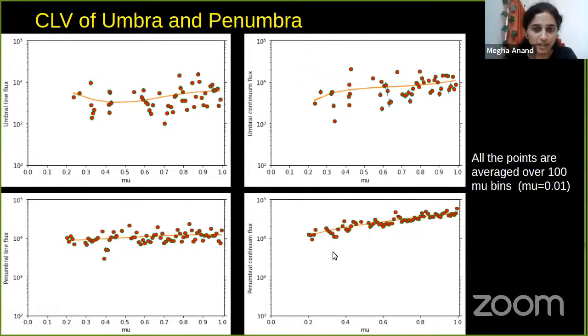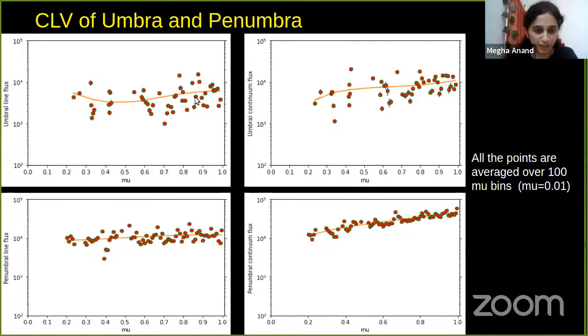When you see the continuum, both umbral and penumbral center to limb variation shows the typical limb darkening which is expected for this line. But in the case of line core, we are yet to interpret this result. And also because of the poor statistics, we don't know whether this is a rise or what exactly is the trend. The trend can also be like this.